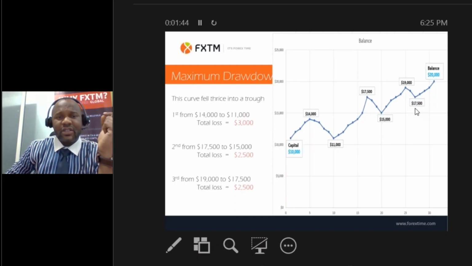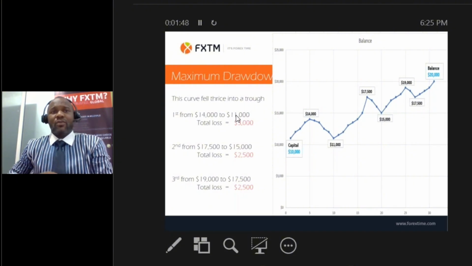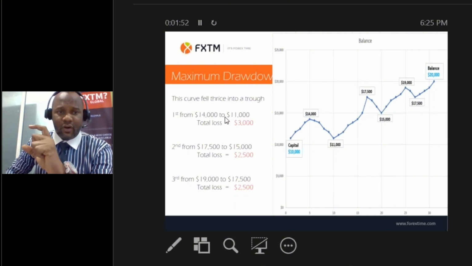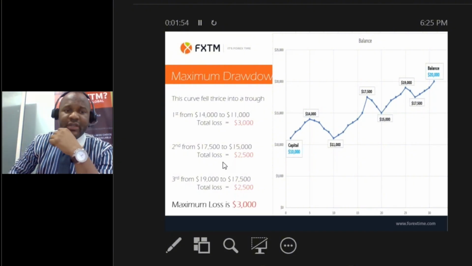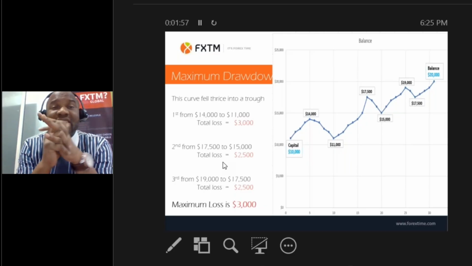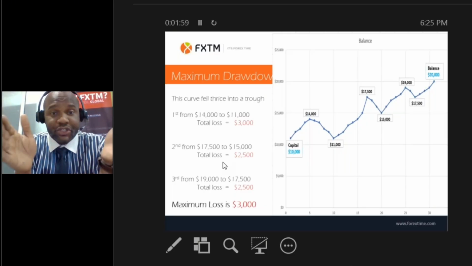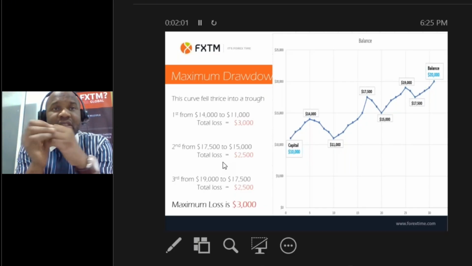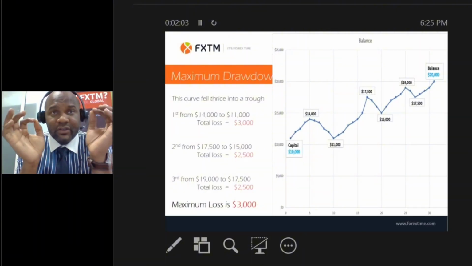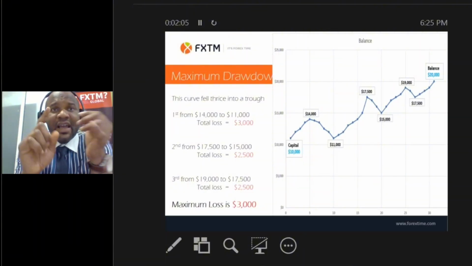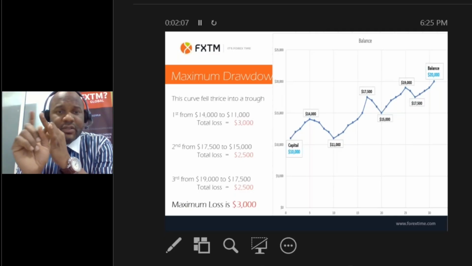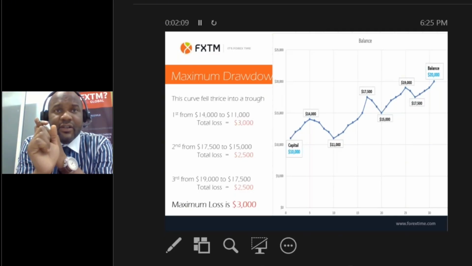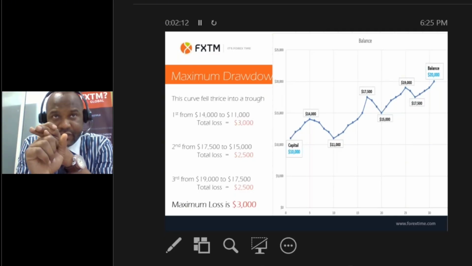So the trader lost 2,500. So which means that he lost more money in the first fall. Is that okay? So we say the maximum loss the guy had in this history was $3,000, out of the three times he fell into a trough. The guy lost $3,000 on the first, he lost $2,500 in the second, and he lost $2,500 in the third. Is that okay?